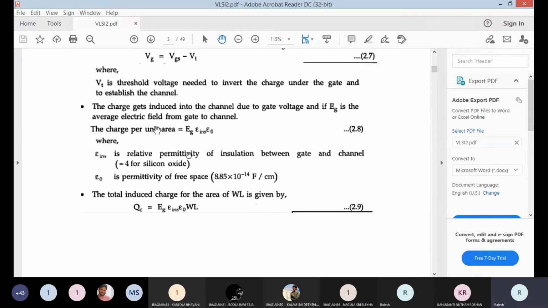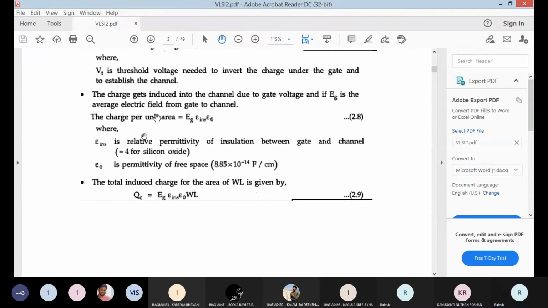Now we are trying to define an equation for QC, the charge induced in the channel. In order to get that, we first cover charge per unit area. In equation 2.8, the charge per unit area is epsilon into Eg. Epsilon is written as epsilon insulator into epsilon naught.